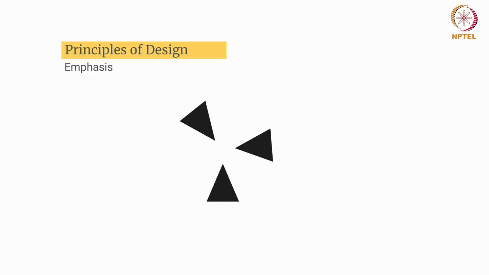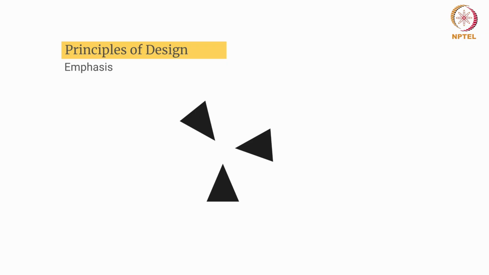Here again, you can see three triangles pointing towards the central image, right? In addition to repetition, variety, rhythm, and balance, artists commonly unify their design to create a single focal point, the area towards which the viewer's eyes are more compellingly drawn.